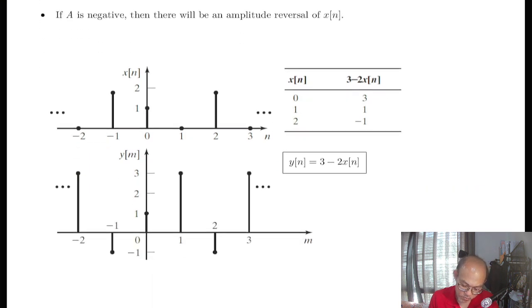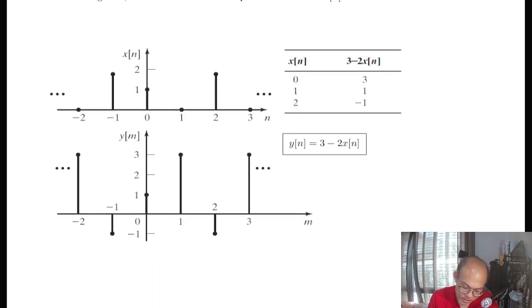All right, for example, here, if we start with x of n like this, then we want to find y, which is equal to 3 minus 2 x of n. So the first step to do is to multiply each sample of x by minus 2, and next we're gonna shift it up by 3.